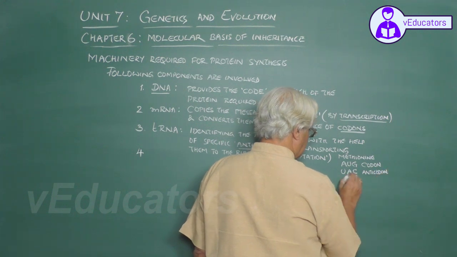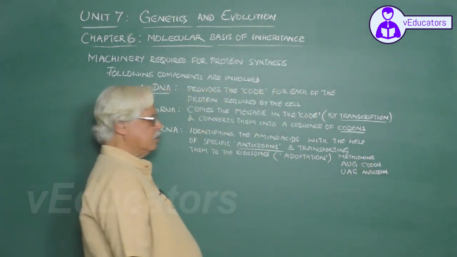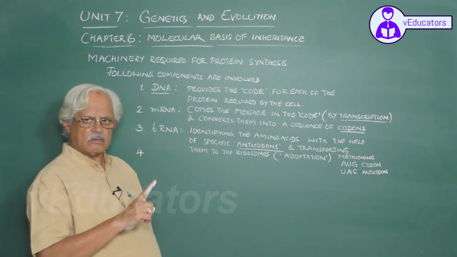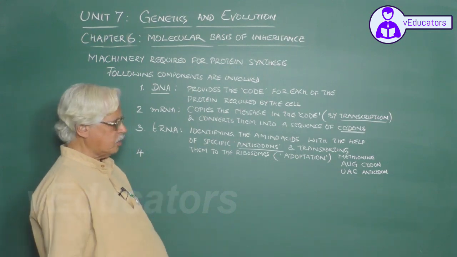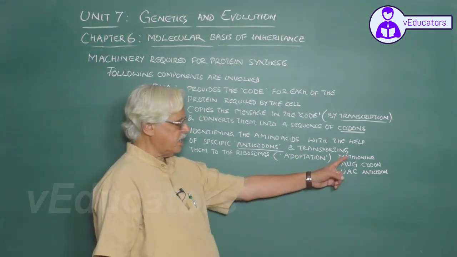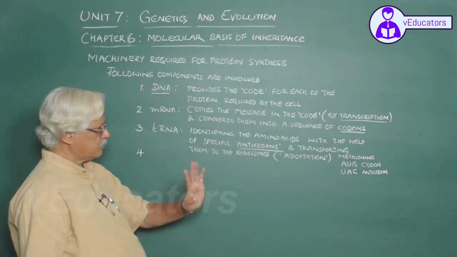So only a tRNA molecule having UAC as the anticodon can carry methionine.